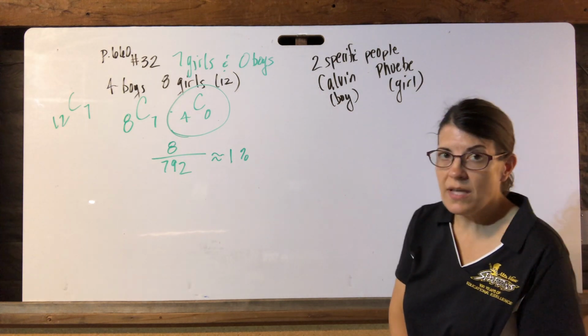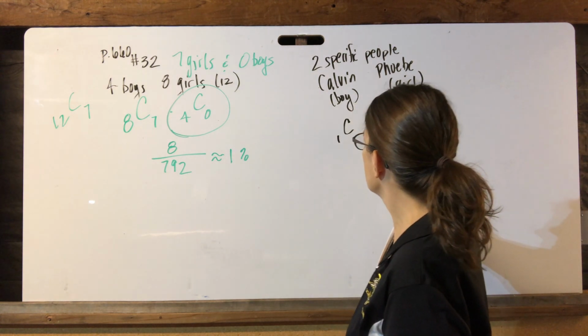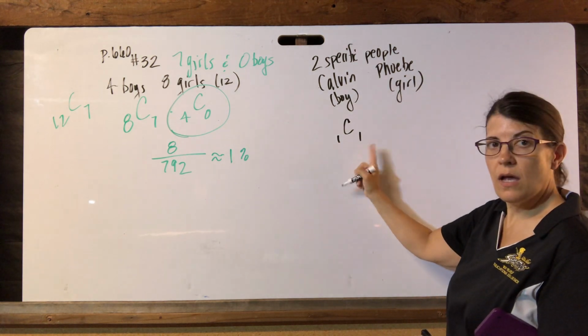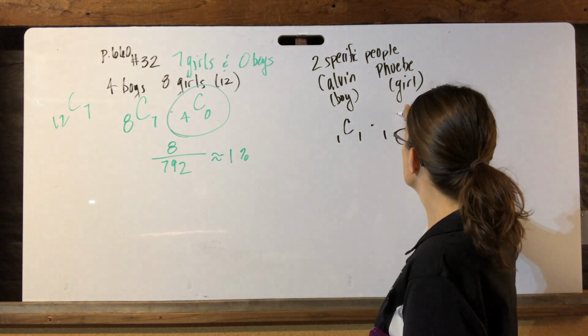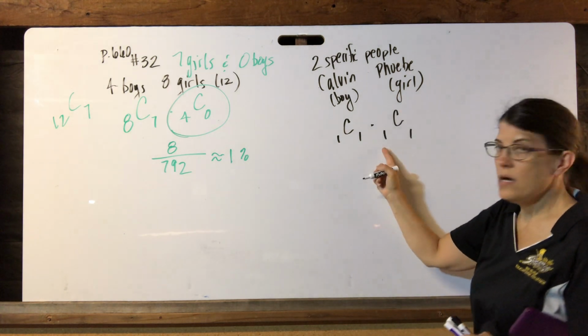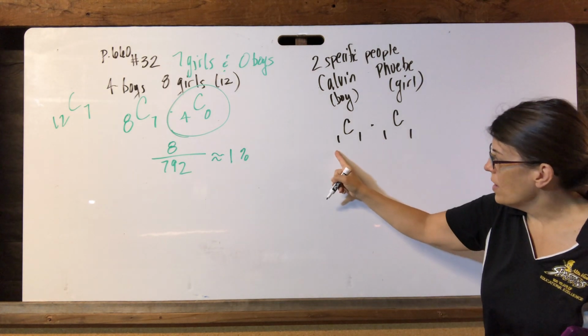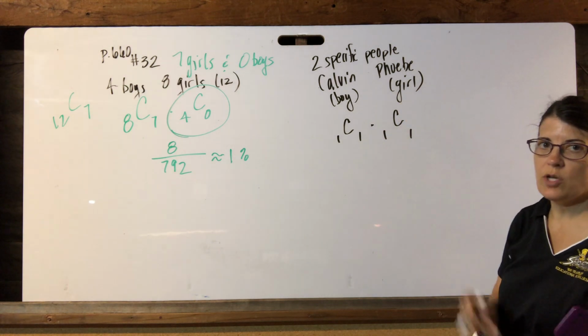We're assuming that there's 1 Calvin. So if I want to choose Calvin, that's going to be 1C1. 1 Calvin, I want to choose him. I also want Phoebe, 1C1. There is 1 Phoebe, I want to choose her. 1 Calvin, let's choose him. 1 Phoebe, let's choose her.